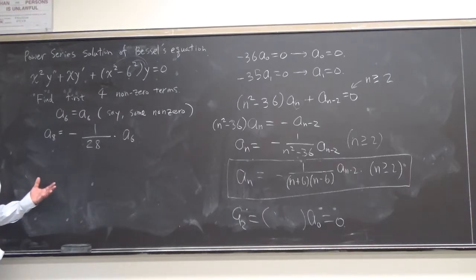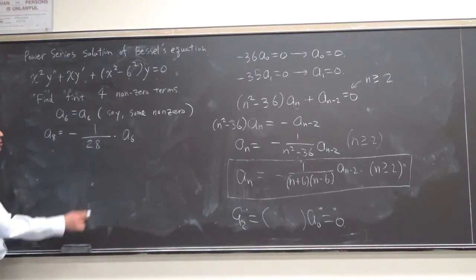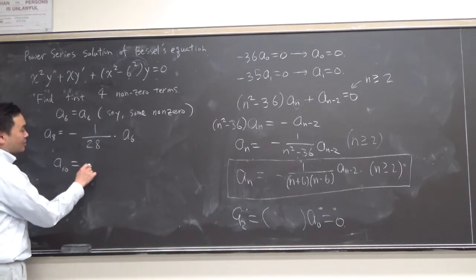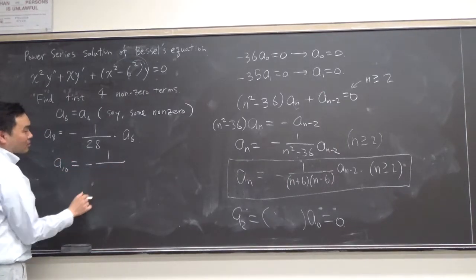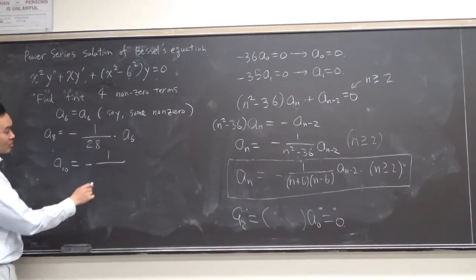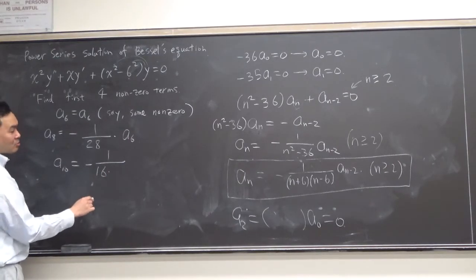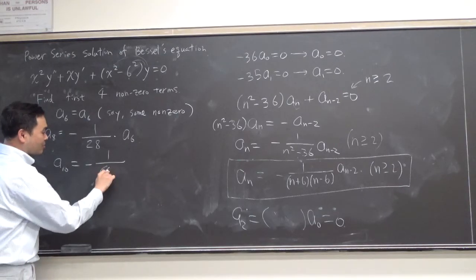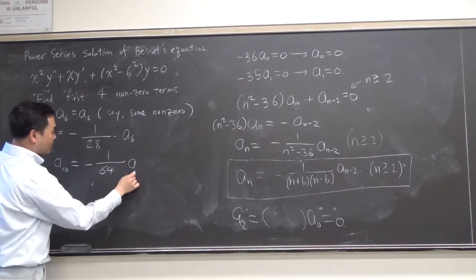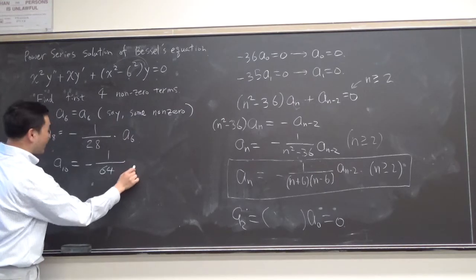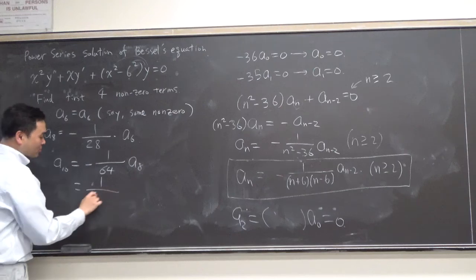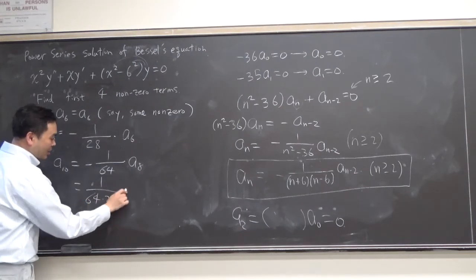A6 is our first non-zero one, so just represent everything in terms of A6. So A10 would be negative 1 over 10 plus 6 was 16 times 4, right, which is 64. Then that means it's 1 over 64 times 28, A6.